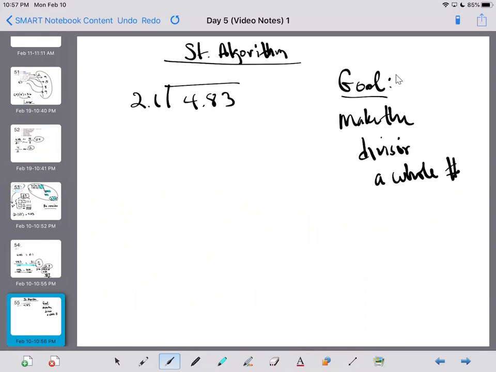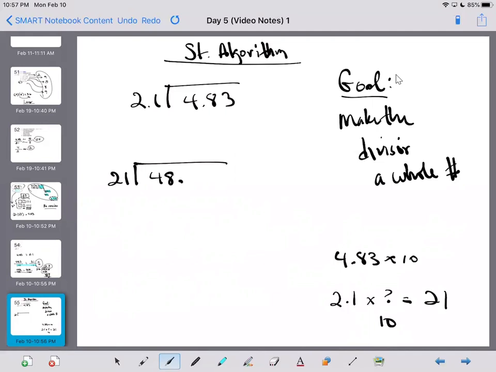So that's 2 and 1/10 multiplied by something to get 21, because 21 would make it a whole number. Well, I just need to multiply it by 10. So if I multiply the divisor by 10, then I also need to multiply 4 and 83/100 by 10. So this will make this 21, and this will make this 48 and 3/10.